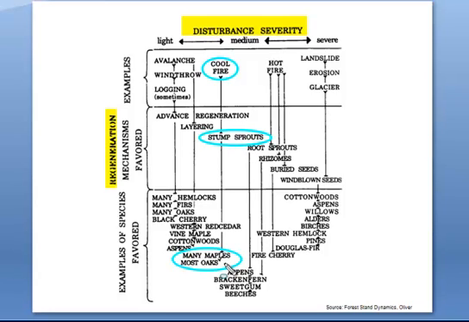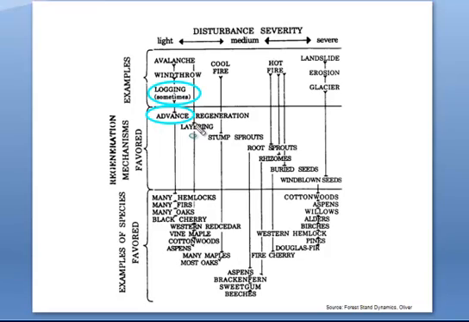If we look at another example, let's say we have a logging practice. When logging occurs, if there is already advanced regeneration, it favors that, because of the species of trees in the understory.